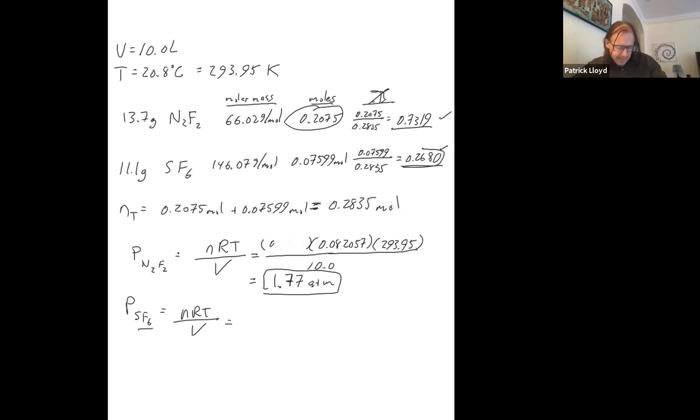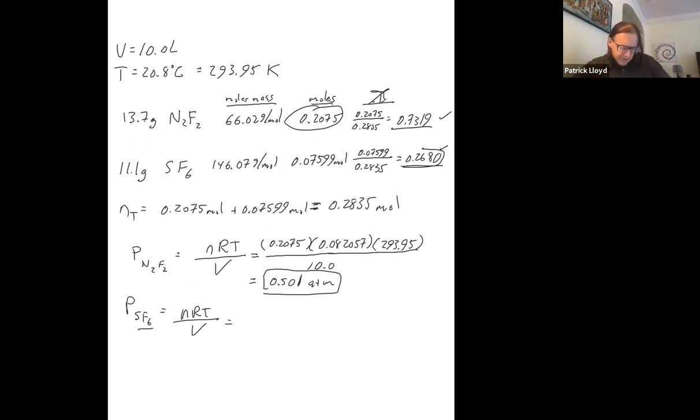So let me modify that answer. It's just the moles. So 0.2075 times 0.082057 times 293.95 divided by 10.0. Sorry, 0.501. There we go.